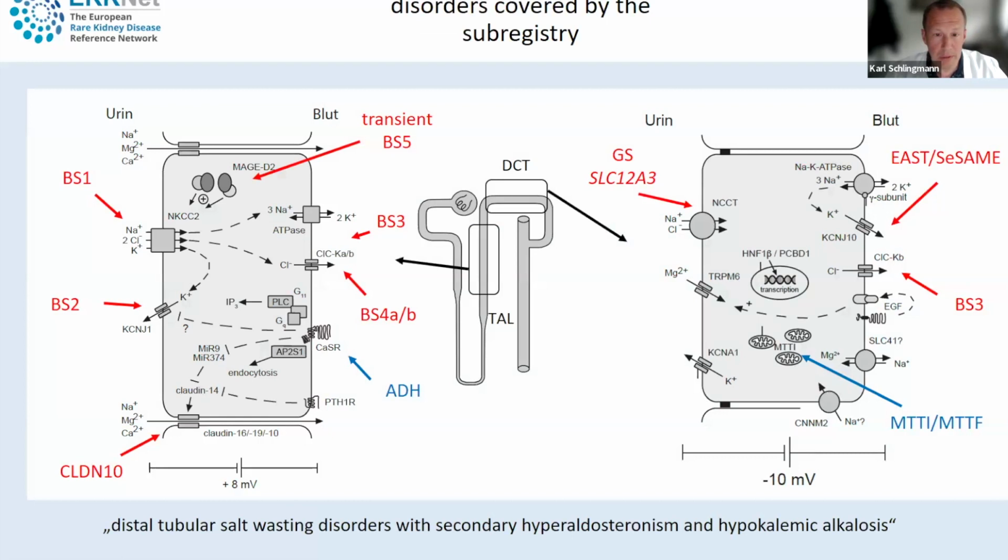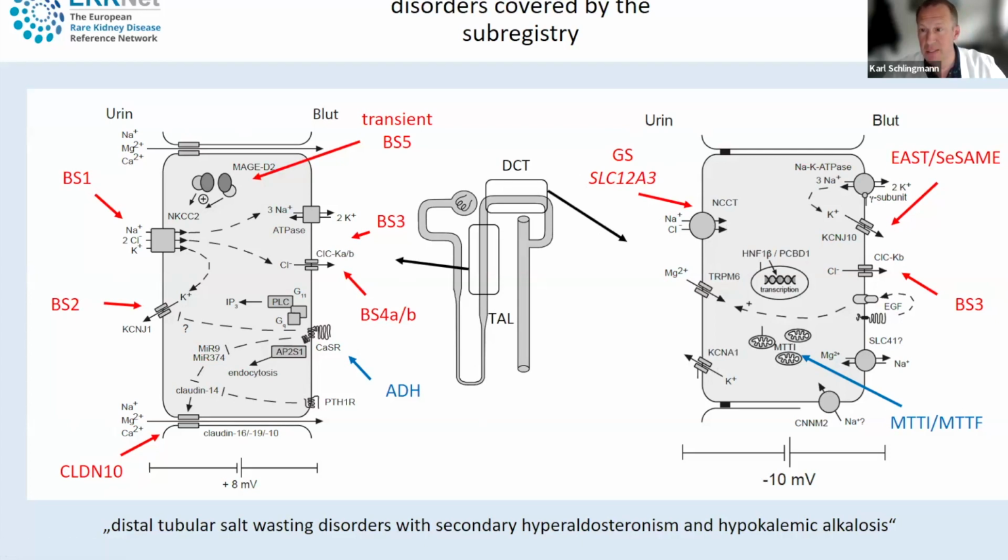If we talk about the Bartter-Gitelman subregistry, what kind of diseases will be covered? Those are mainly, if you look at the distal nephron, the different forms of Bartter syndrome, with the defects mainly located in the thick ascending limb, together also with one special claudin that's causing the tubulopathy, and in second part the distal convoluted tubule, where the cause of the Gitelman syndrome is located.